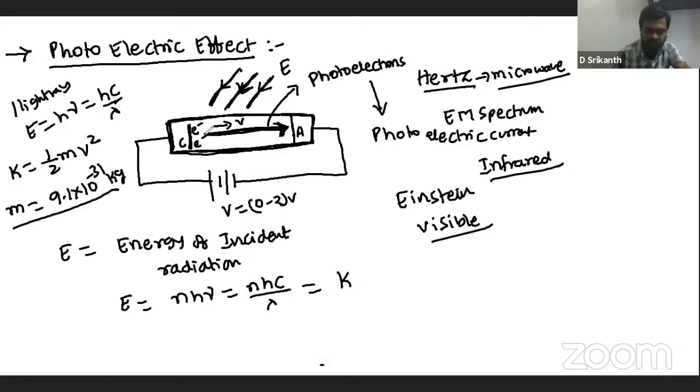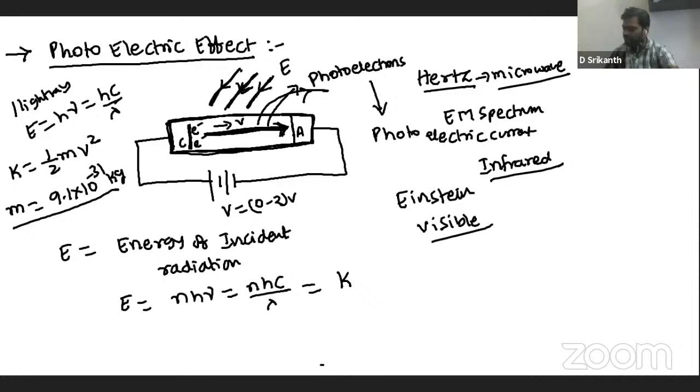Now, whenever the electrons are moving, then what will happen? The minimum energy required by the electron to escape from the metal, right?